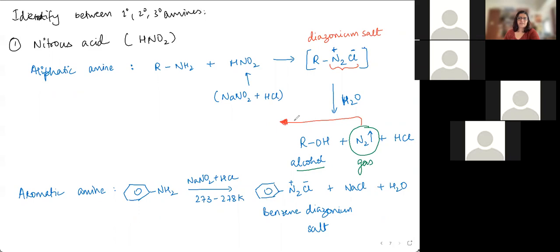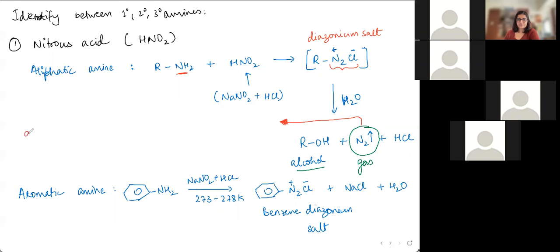Amino acid, you can see from the name itself, needs a carboxylic acid group and an amine group present in the same compound. So you make use of this amine group, make it react with nitrous acid, see how much N2 gas is evolved, and then you get a quantitative estimation of that particular protein. That is, how many amino acids there are, basically.